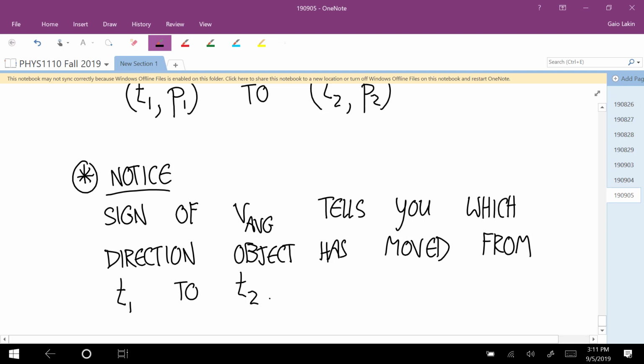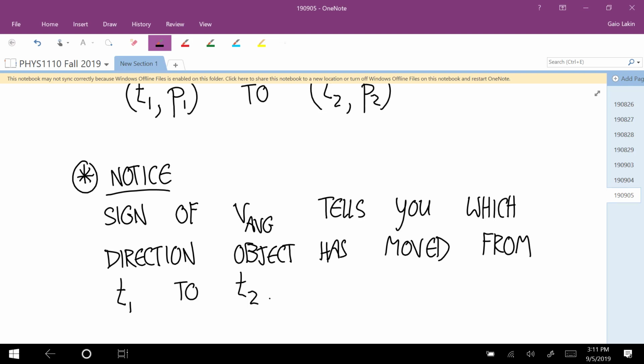Okay, so I mentioned before that speed, which we're more used to talking about, doesn't have any directional information attached to it. So, like if you're driving 50 miles an hour towards Iowa, your speedometer says the same thing as if you're driving 50 miles an hour towards Nebraska. But velocity is different.